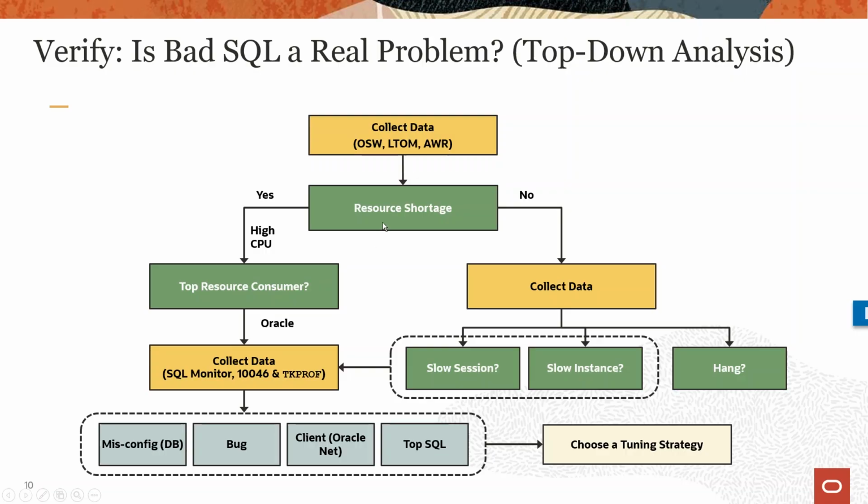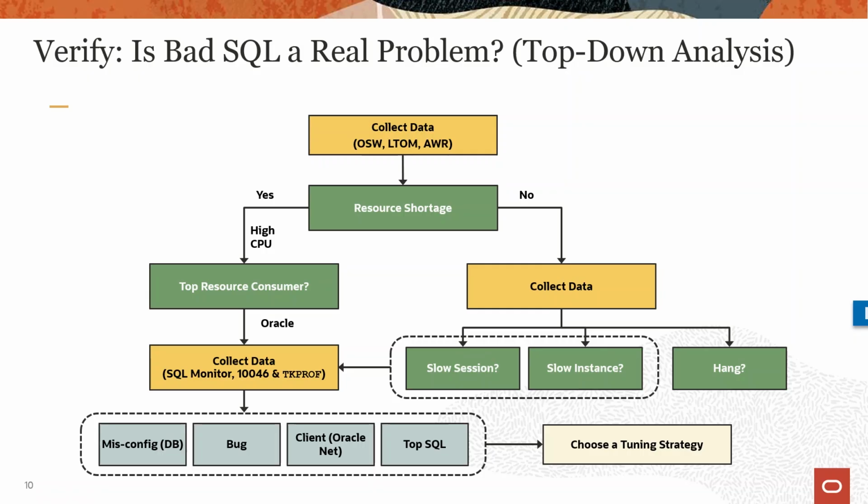Now, if the statistics collected on the operating system do not show a resource shortage, but people are still complaining that, for instance, their SQL statement is slow or that it's taking a considerable amount of time to execute, you then have the possibility to start collecting data for that particular session, or even start collecting at the instance level.